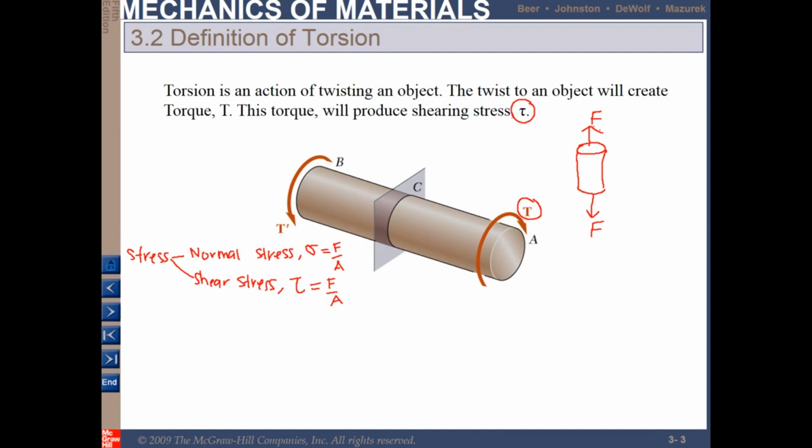This load is known as axial load because it is perpendicular to the cross section area. So this is 90 degree. So this is axial load. So this axial load will produce normal stress, in which it can be calculated using this equation.